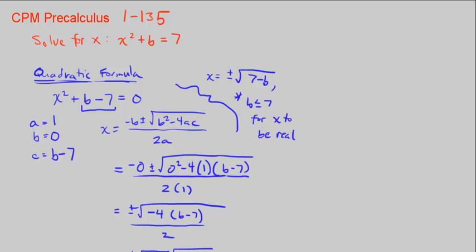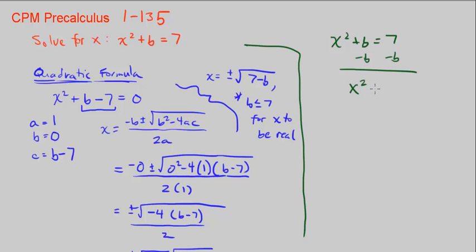Okay, so the other way to do this problem is to just solve for it. So we have x squared plus b equals 7. Well, we only have this term having an x. So if we move b over to the right, if we subtract b from both sides, we get x squared equals 7 minus b.